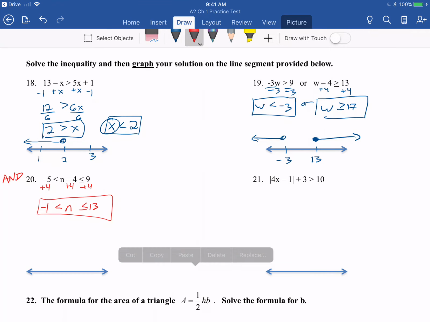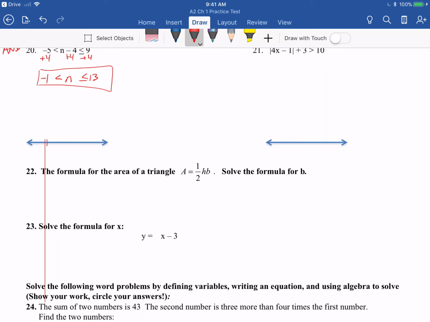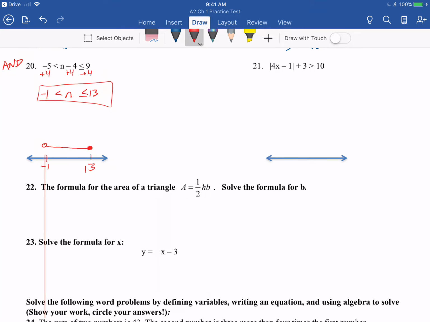So here I have negative 1, and I have positive 13. Okay, closed dot above the 13 and an open dot above the 1, and then connect those guys with your and. Okay, awesome.